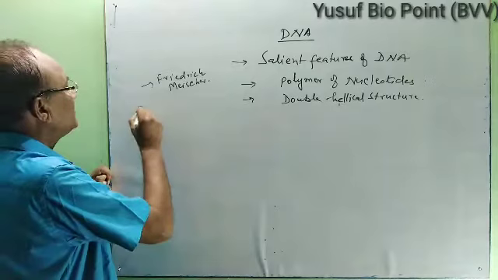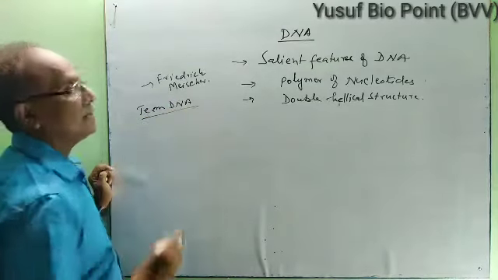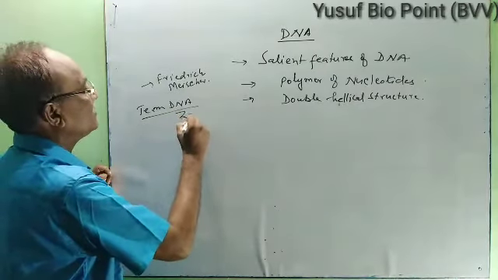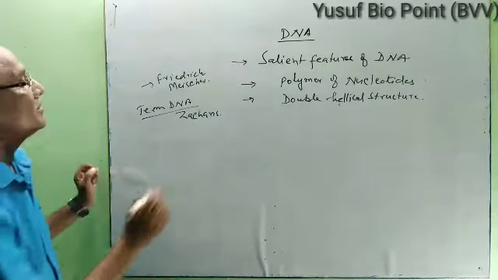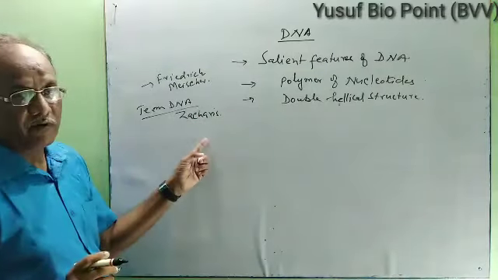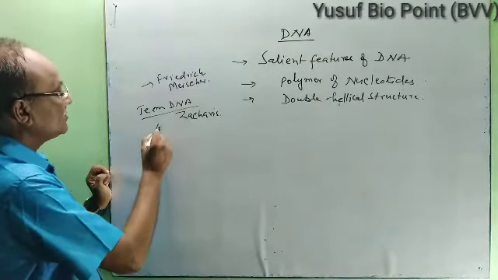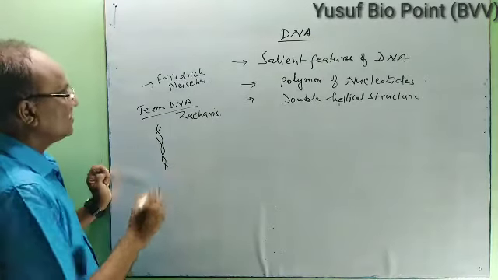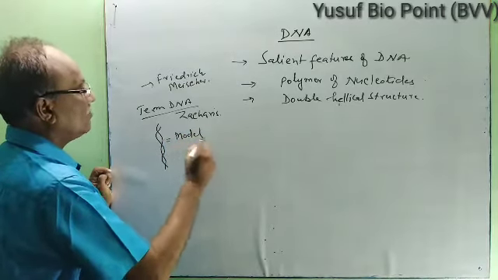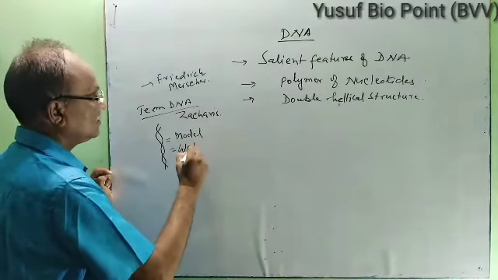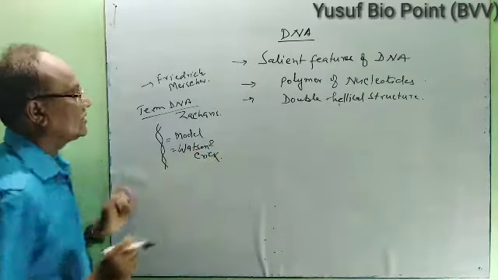The term DNA was first used by Jacques, and the model was given by Watson and Crick.